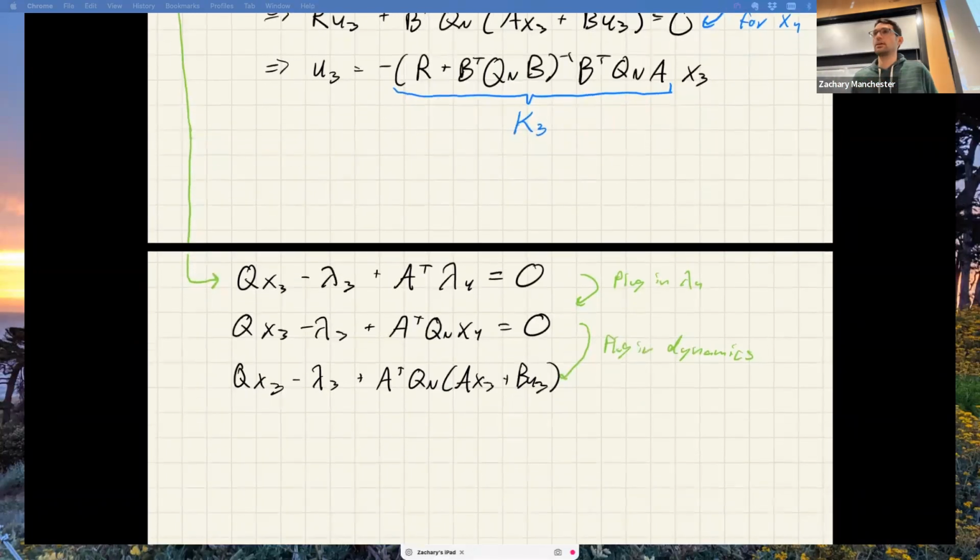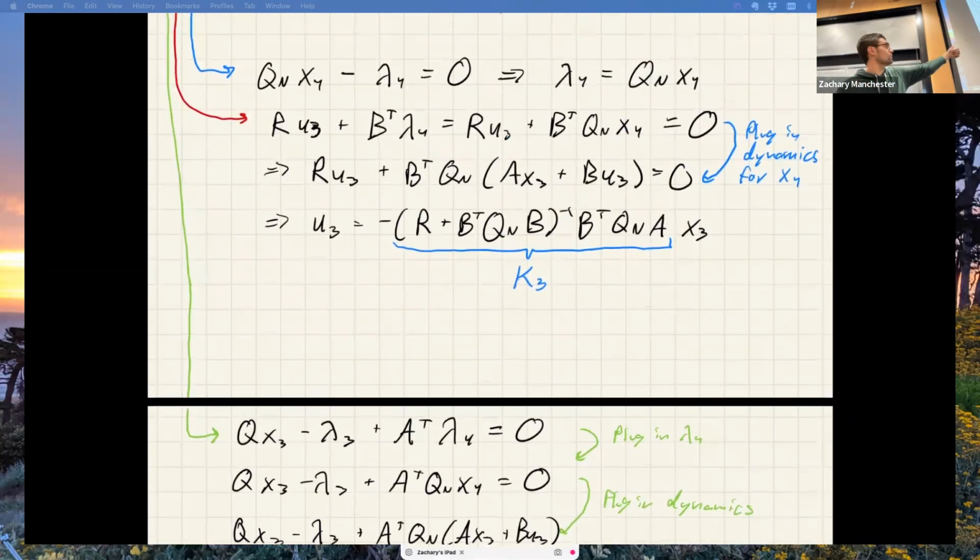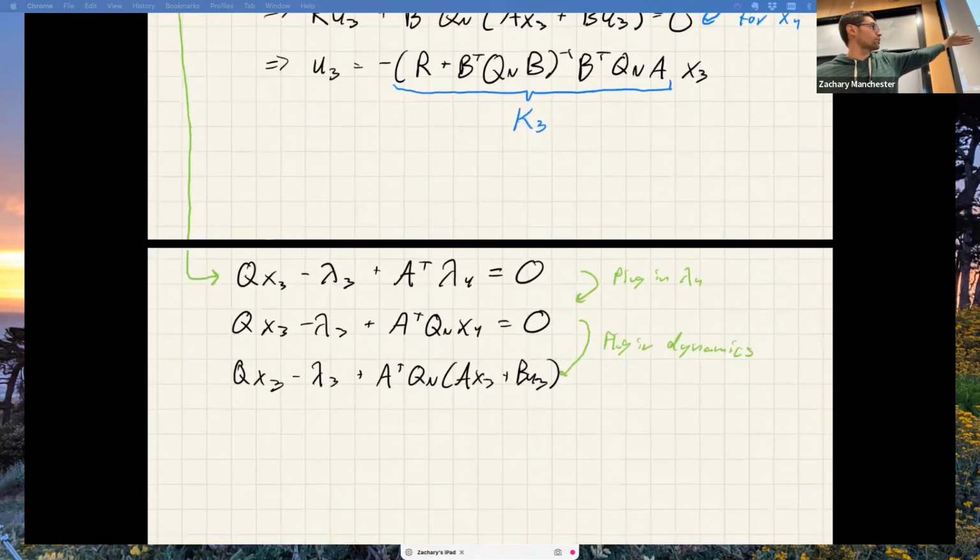Now I can plug in this K3. So I have U3 equals K3 X3. So I'm going to plug that in down here for the U to eliminate U and get it all in terms of X.